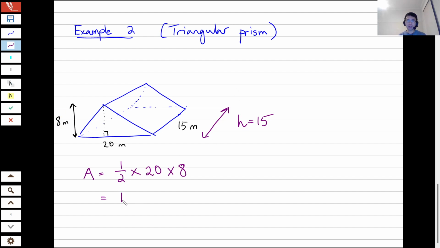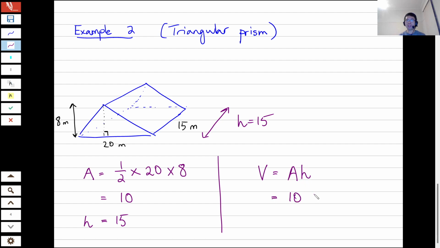So if we do this calculation, we get 80. The depth, which I've called h, we've just got to be a little bit careful here, is 15. And therefore, the volume is going to be the area of the base of the prism, capital A, times the height.